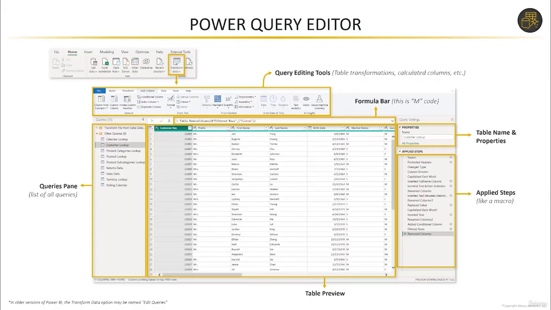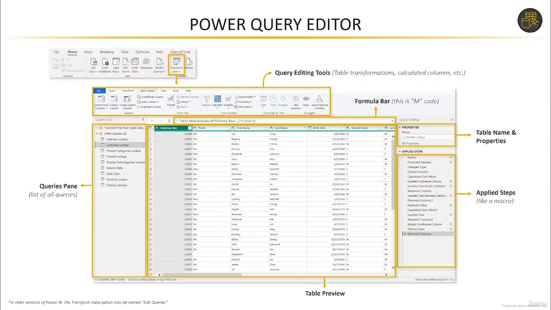And what that means is that every time this connection is refreshed, Power BI will run through these same set of applied steps to shape and transform your data. This is a fantastic way to automate data cleansing and ETL processes instead of having to manually run the same process over and over and over again each time you connect to the data. So the query editor really automates the process for you, and you can see each transformation as an applied step.